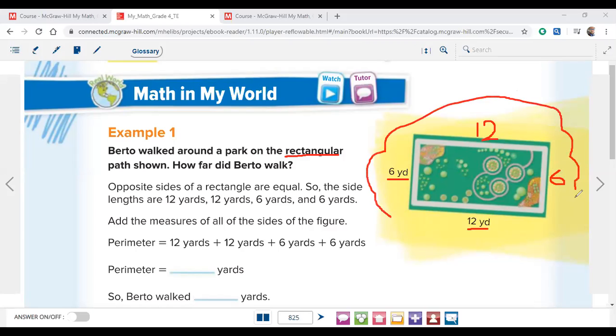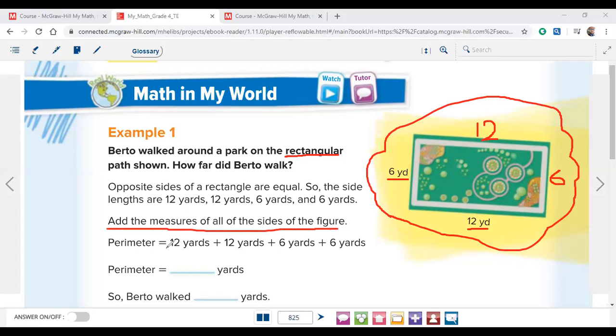Add the measures of all of the sides of the figure.